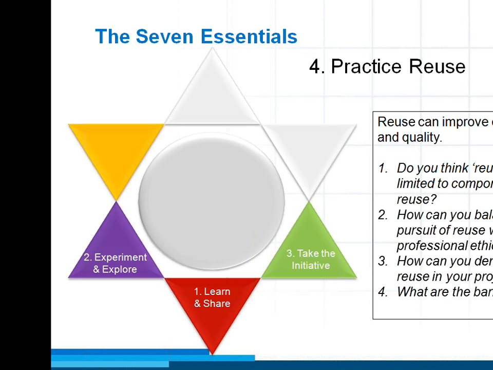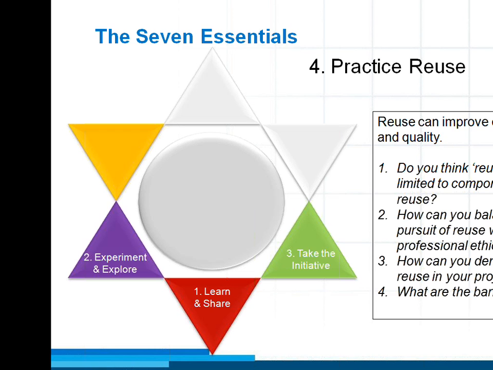And how can you balance the pursuit of reuse with professional ethics, because reuse is not about using someone else's work. You have to be aware when you are violating copyright issues. You have to be aware when you are using open source.